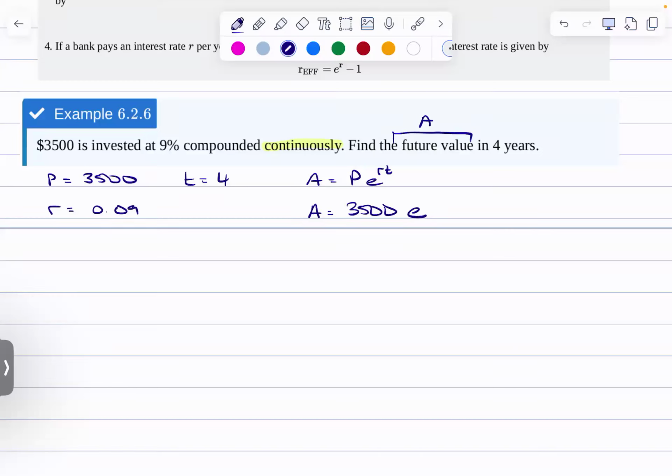So you'll want to find an e on your calculator. Usually it says e to the x, right? Mine is above my natural log button because they're buddies.